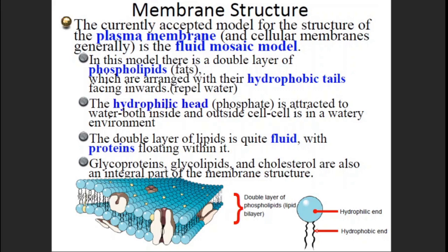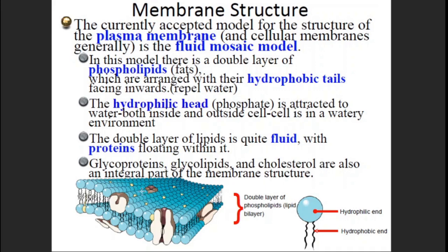The hydrophilic head, that is the phosphate, is attracted towards water both inside and outside the cell, in a watery environment. The double layer of lipid is quite fluid with proteins floating within it.